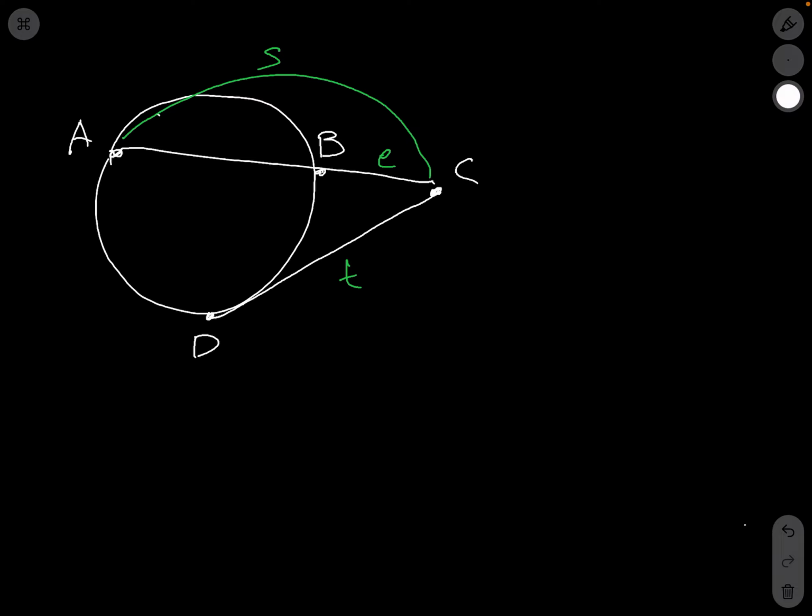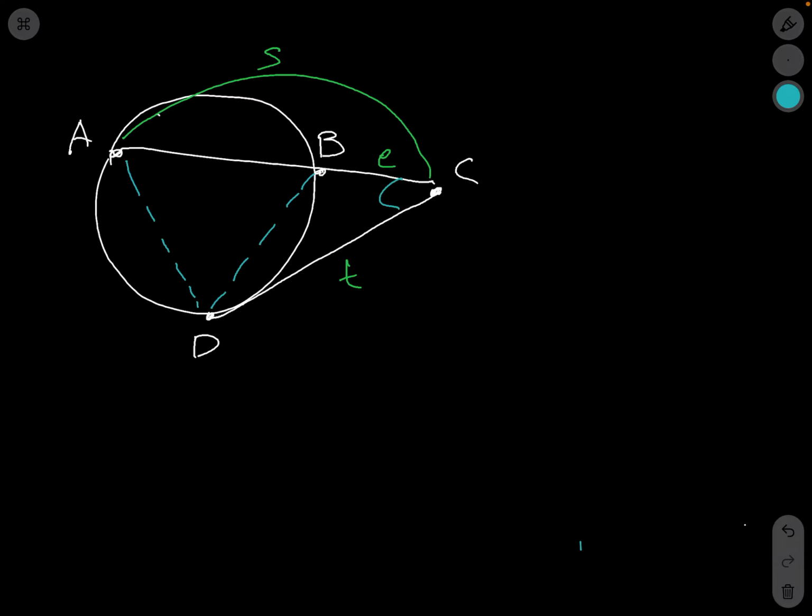Okay, so we can draw two auxiliary segments here. We can connect this, and we can connect this. So my goal is to prove triangle BDC and triangle ADC similar.